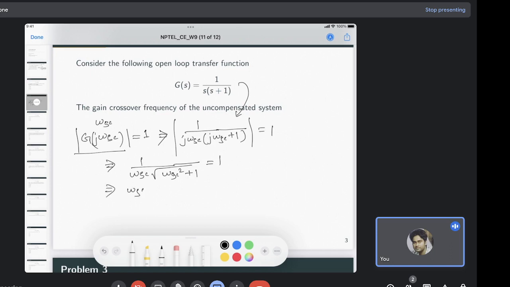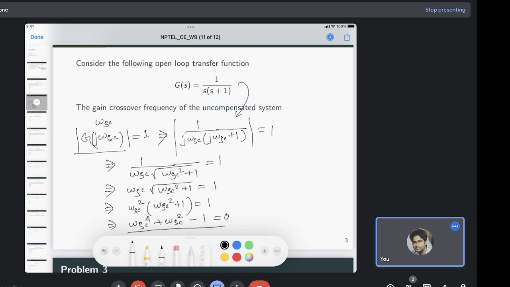So this should be equal to 1, which implies omega gc times the square root of omega gc square plus 1 equals 1. We can take the square on both sides, so omega gc square times (omega gc square plus 1) equals 1, or we have omega gc to the power 4 plus omega gc square minus 1 equals 0.